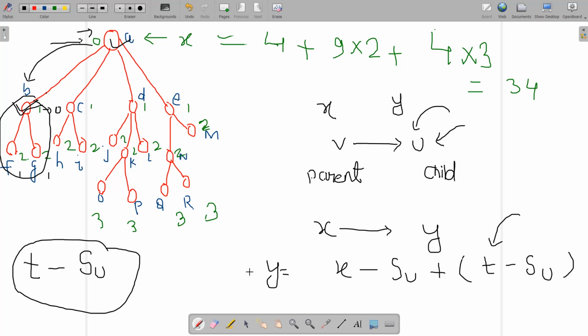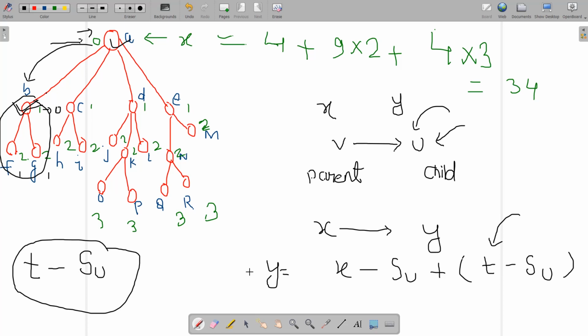Again, we are going to use a depth first search traversal, and going from the current node v to the node u, if we have the value of x at the node v, which is our answer, and we move to any child node, then our answer for the child node will be the answer for the parent node, x, minus the number of nodes lying in the subtree of the child node, plus the total number of remaining nodes, T minus the number of nodes lying in the child node's subtree.